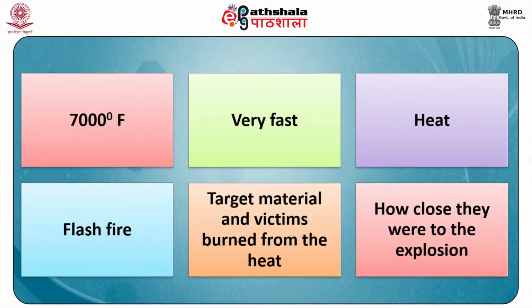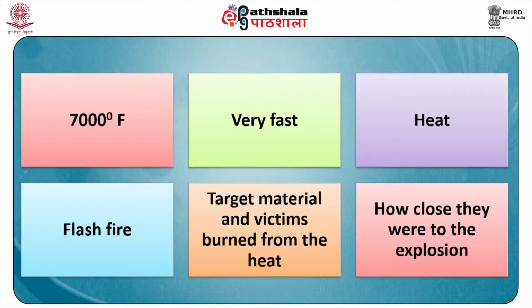The target material and victims or people can be extensively burnt from the heat of the explosion due to the thermal effect. The burning depends upon how close they were to the explosion. When you go to such a scene of explosion, you can easily identify the victims, because victims may even have a blackened effect on their skin. You will find their skin has become black. The hair you will find has been partially burnt off.